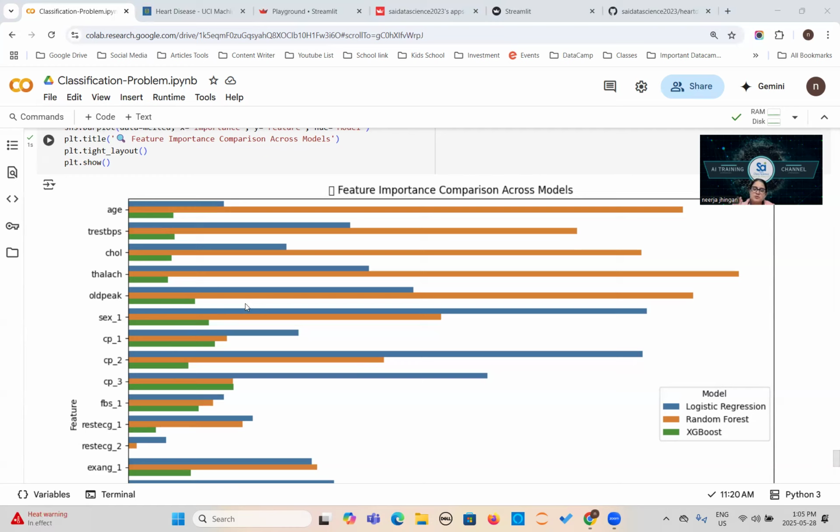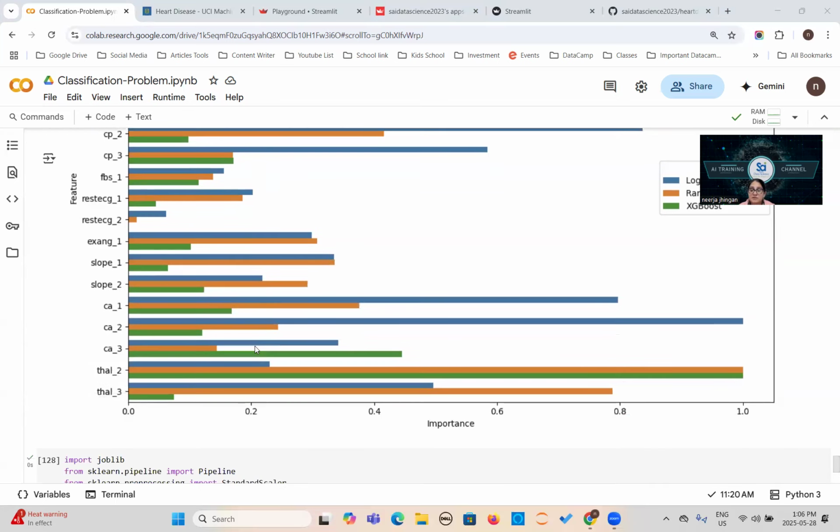I just wanted to show you the comparison: when you are fitting the model during training, which feature was used, and up to what proportion, in each model. This is very good understanding because it will tell you which feature you can keep and you can refit the model again. Okay, look at this.